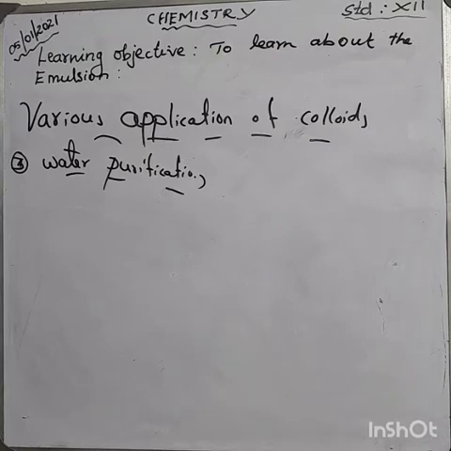The purification of drinking water is achieved by coagulation of suspended impurities in water using alum containing aluminium, Al3+. Microorganisms are also killed by using potash alum. So this is one of the very good applications, the purification of water.